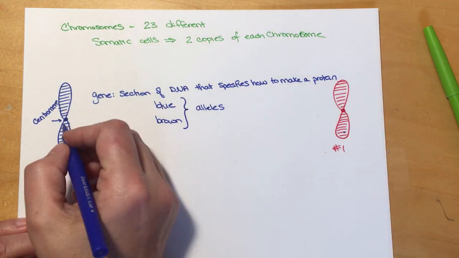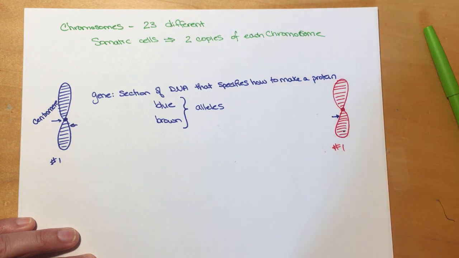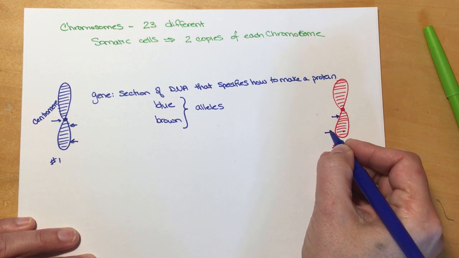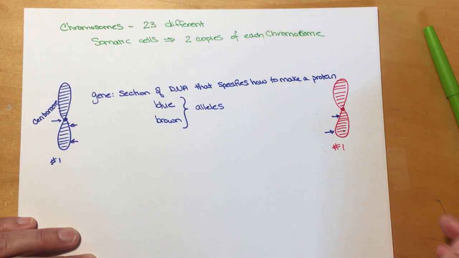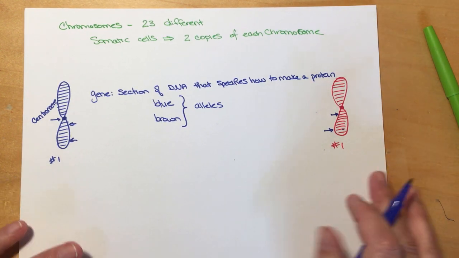So your eye color gene might be here, and it would be in a very similar place on the paternal copy. You might have a hair color gene, and you would have a corresponding hair color gene on this one. This one might be blonde hair, this one might be brown hair.